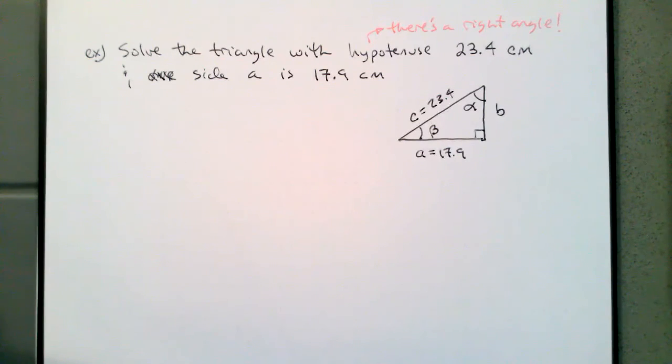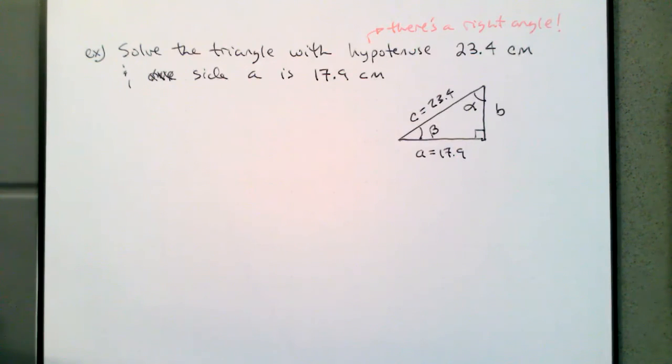So we can solve for any one of these three things first. So that's great. We have a choice. But then again, that's terrible. Now we have to make a choice. So remember, our big principle is that we want to use as much given information in our calculation as possible. So we've got a 23.4 side and a 17.9 side.